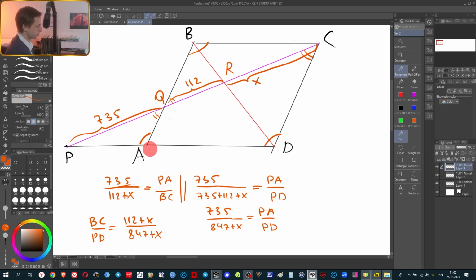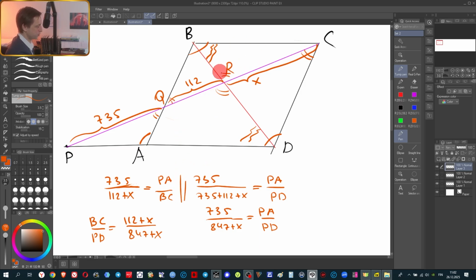And it's amazing because we can say right away, for example, that BC over PD, they are opposite to these vertical angles. It is the ratio that can be expressed like this one, x over 735 plus 112. Because x is opposite to this angle in this triangle, and this side is opposite to the same angle in another triangle.